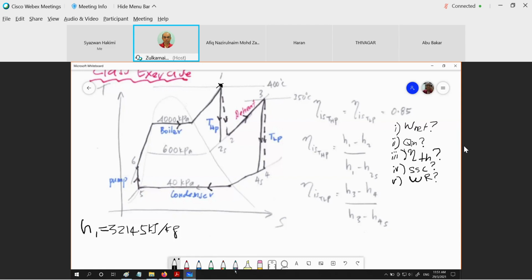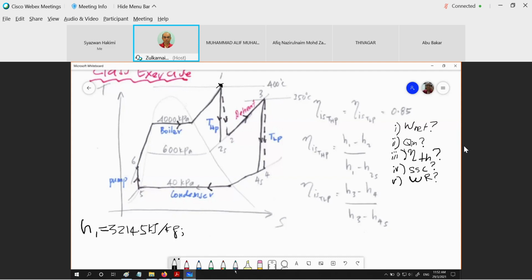So what next parameter do you think we need? Enthalpy? What enthalpy? S1. There you see, you need the S1, not the enthalpy. The next thing you need is the S1. Why do you need the S1?